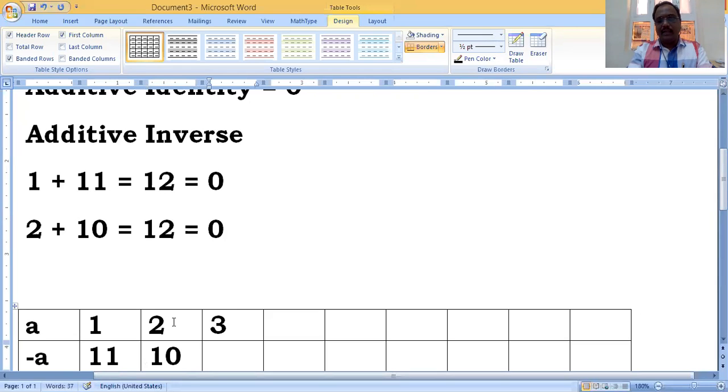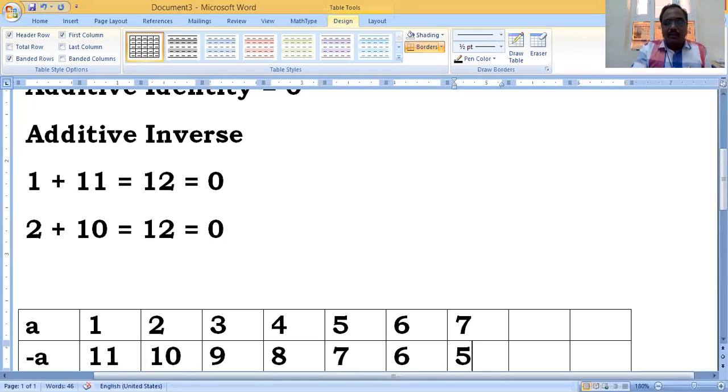When I take 3, the additive inverse is 9. When I take 4, the additive inverse is 8. When I take 5, the additive inverse is 7. When I take 6, the additive inverse is 6. Now it will go in the opposite direction. When I take 7, the additive inverse is 5, and so on. When I take 11, the additive inverse will be 1.